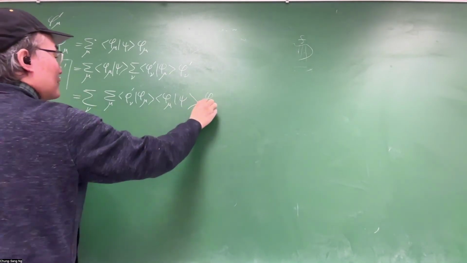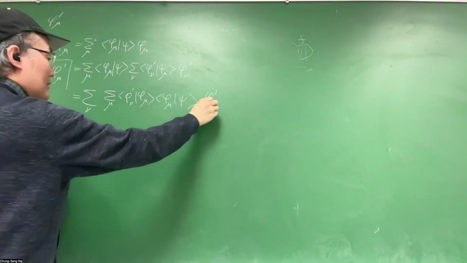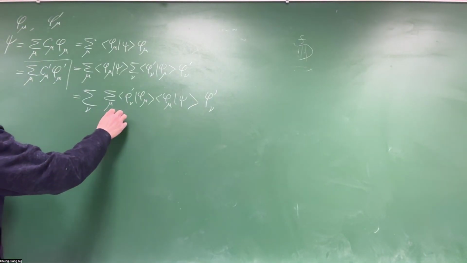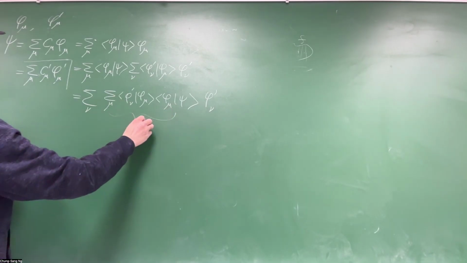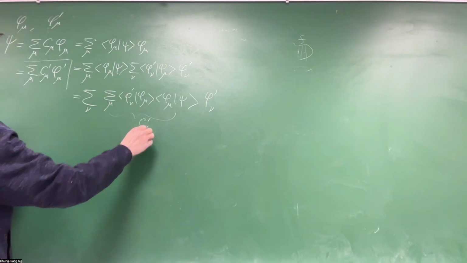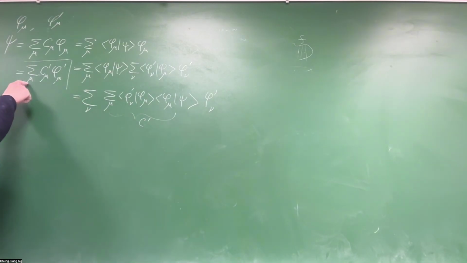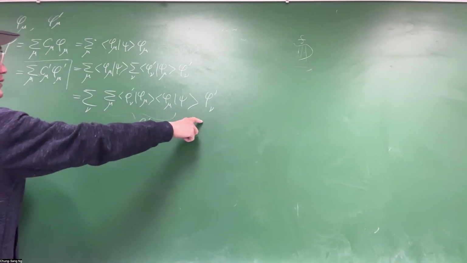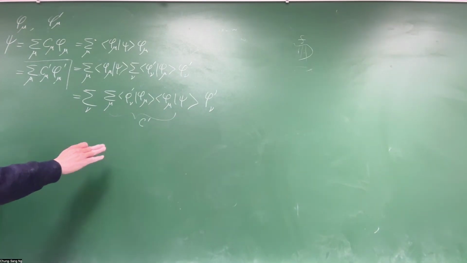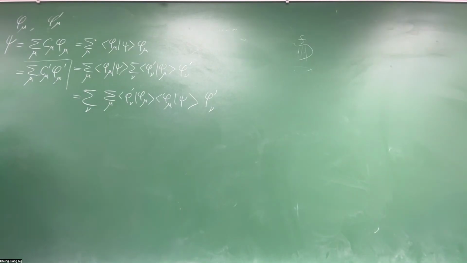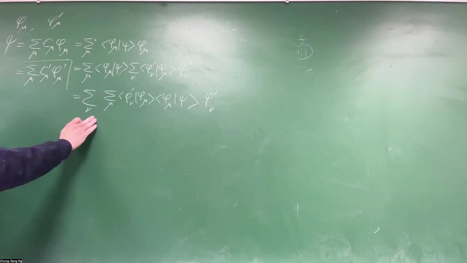And then finally you identify this as your c prime sub mu. Actually, to make it the same form, this is a sum over mu and nu, and to make it the same form, you can just do the trick of exchanging mu and nu, because those are just dummy indices, right? So you can change mu and nu.